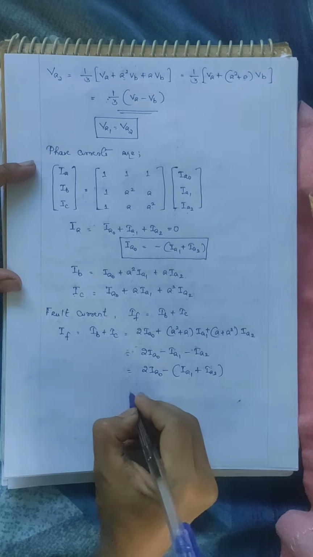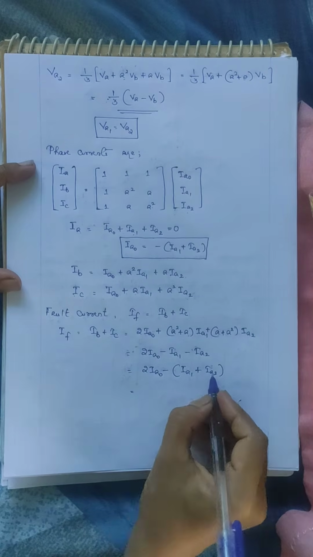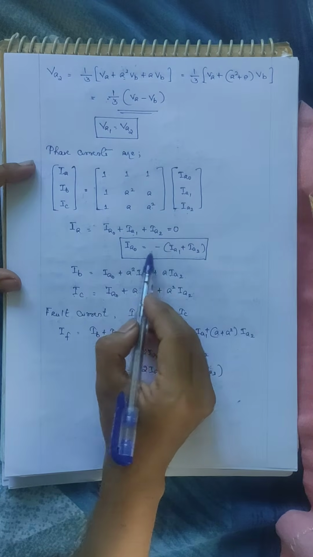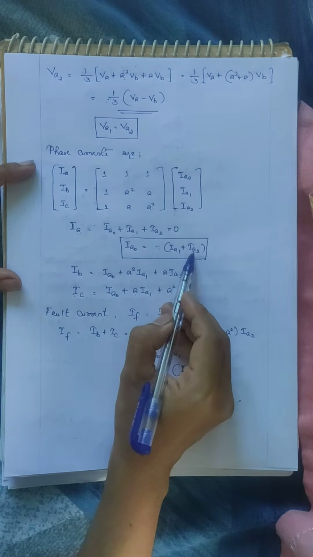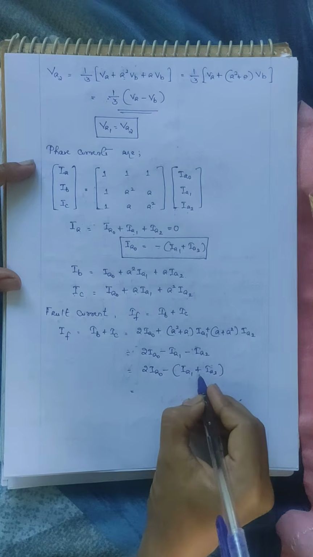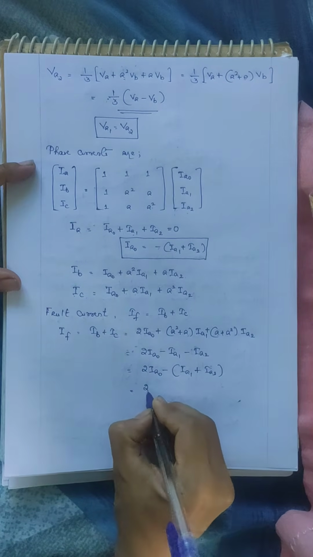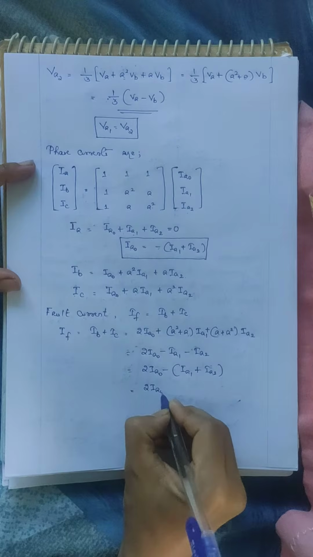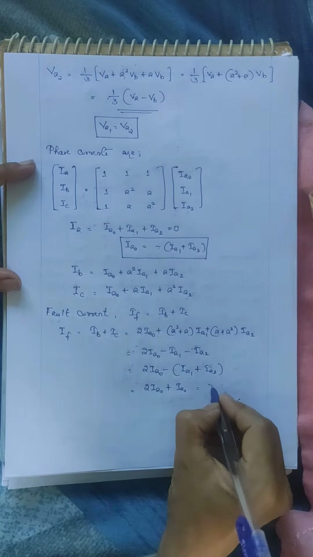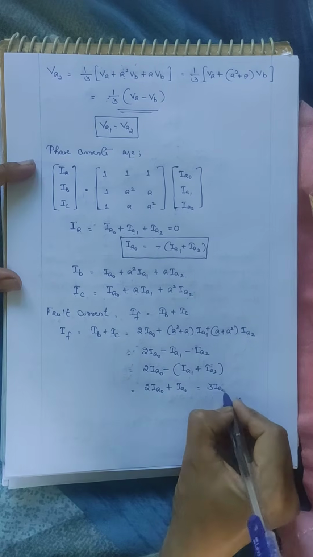We have already got an expression that minus of (IA1 plus IA2) is plus IA0. So instead of minus (IA1 plus IA2), we can write plus IA0. So 2 IA0 plus IA0 will be equal to 3 times IA0.